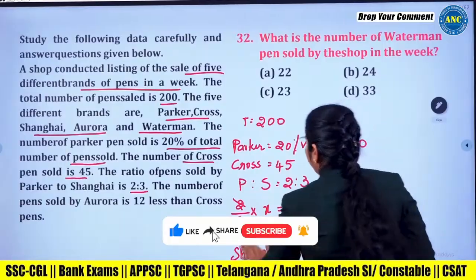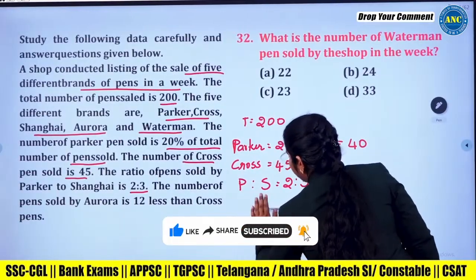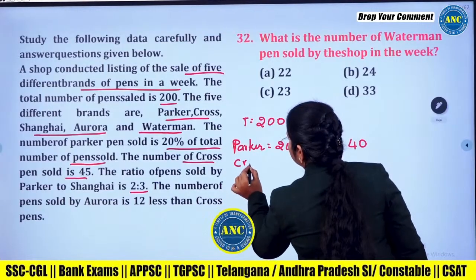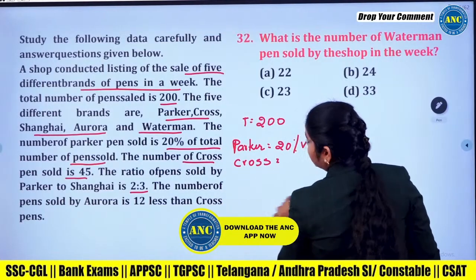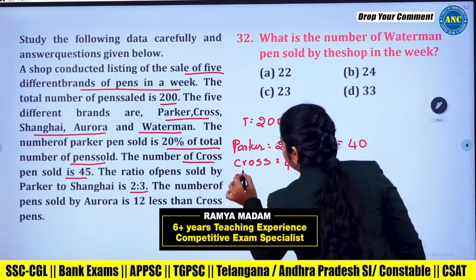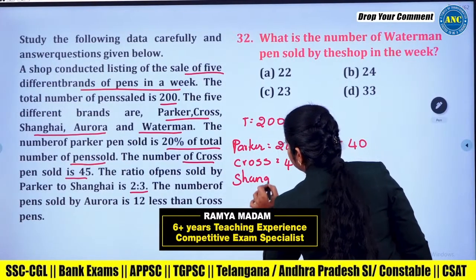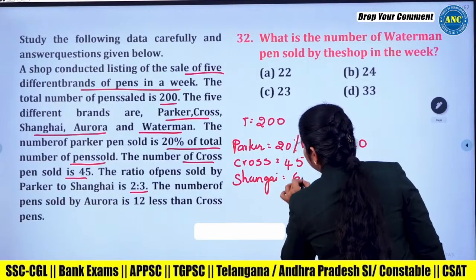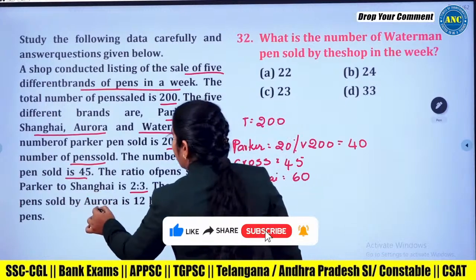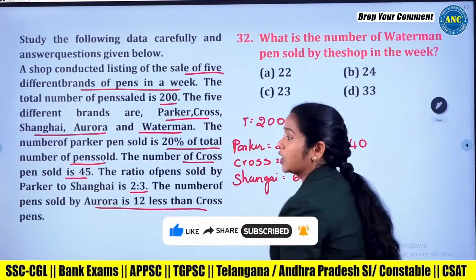So now we know Parker pens are 40, Cross pens are 45, and Shanghai pens are 60. Next, the number of pens sold by Aurora is 12 less than Cross.